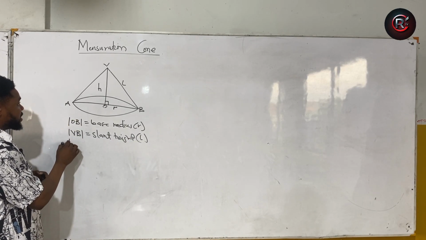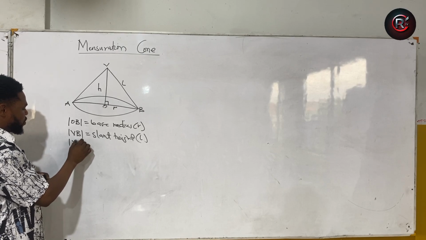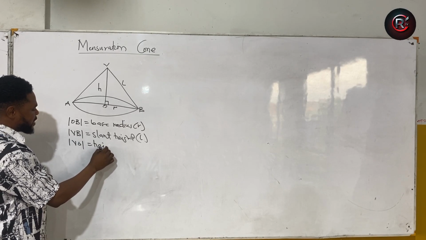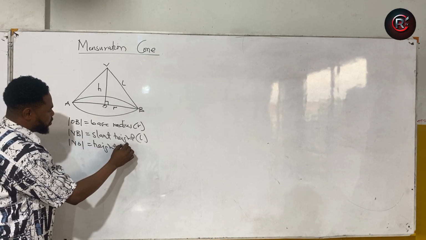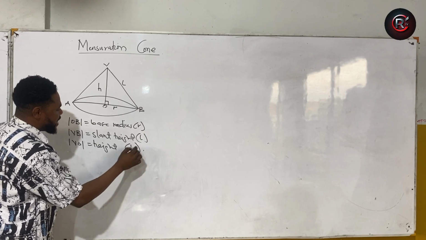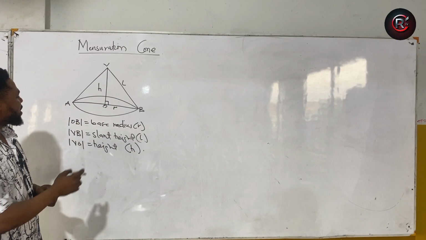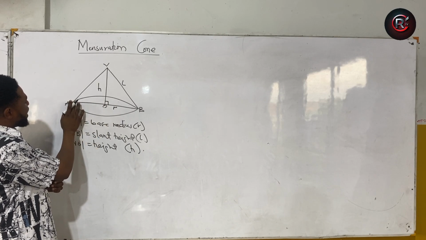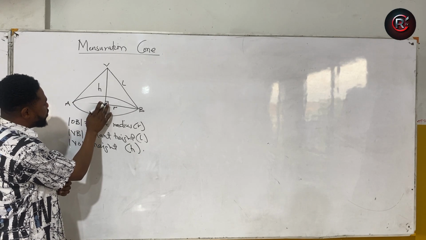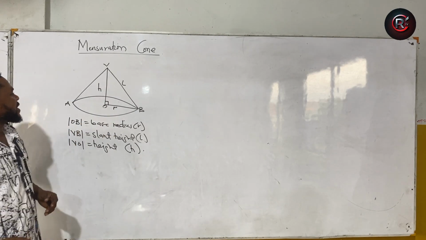And we can also say that VO becomes the height of the cone, which is represented by H. All right, so this is how a cone looks like. I can take the line from A to O and I'll have this.